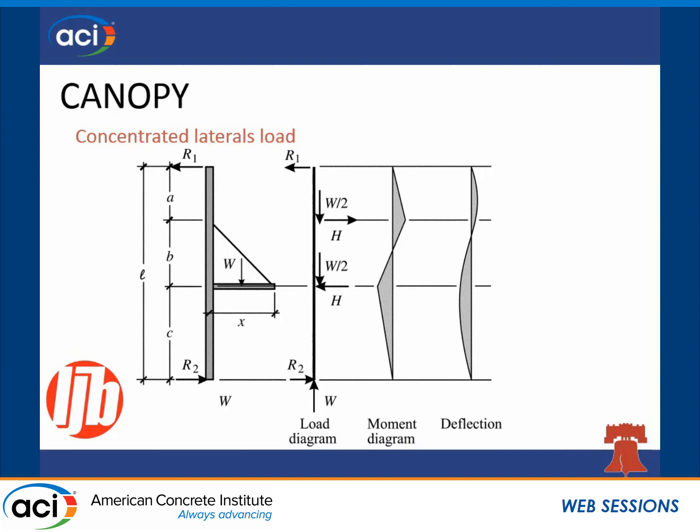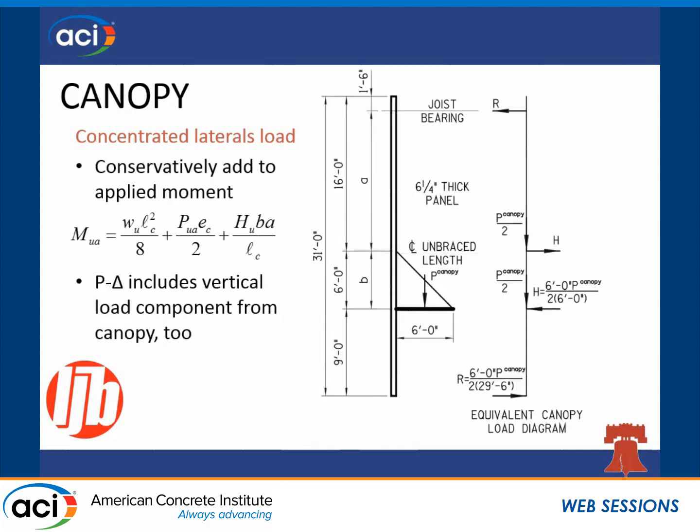So how do we treat this? Well, we can conservatively just add that piece of the moment created by the canopy load to our applied moments, and then again use the moment magnification method to run through that analysis.